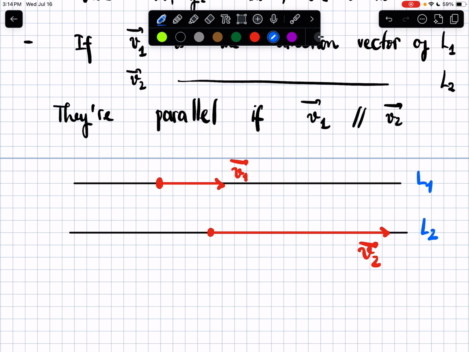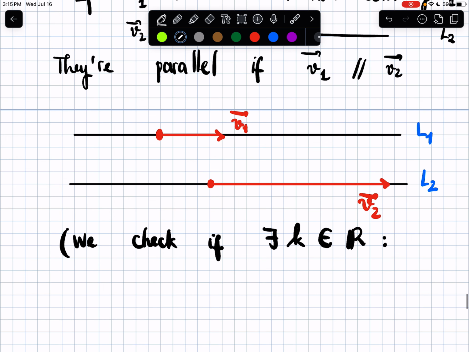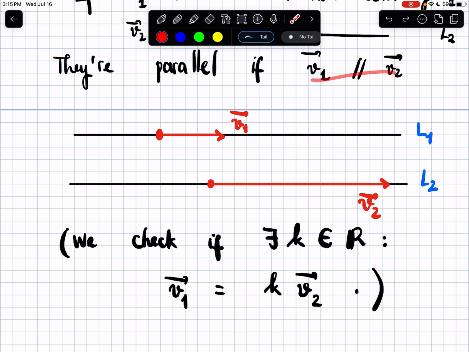So to check whether V1 is parallel to V2, we check if there is a scalar, say K, a real number such that V1 equals K times V2. If there exists such a K, then the two vectors are parallel, and this implies the two lines are parallel.